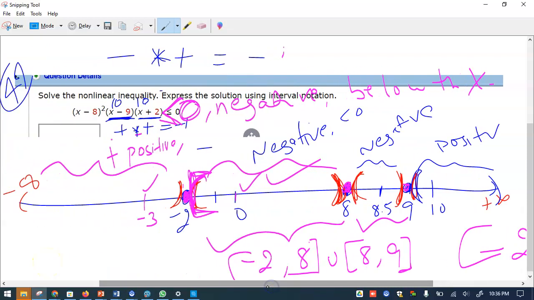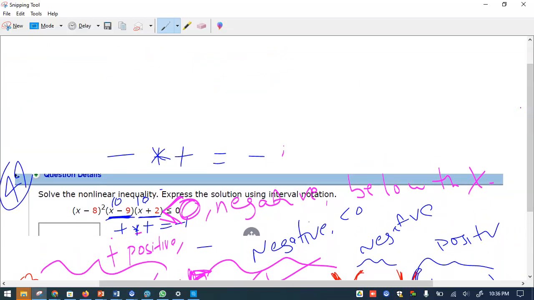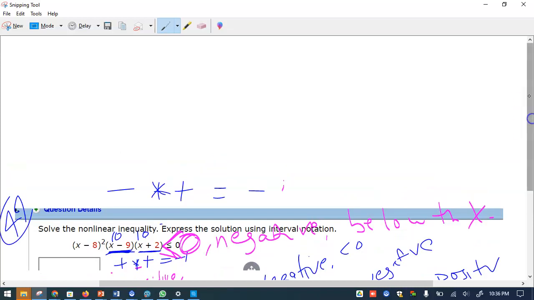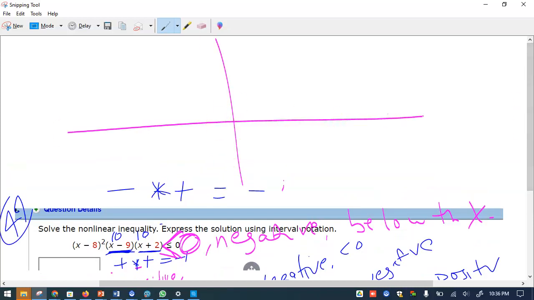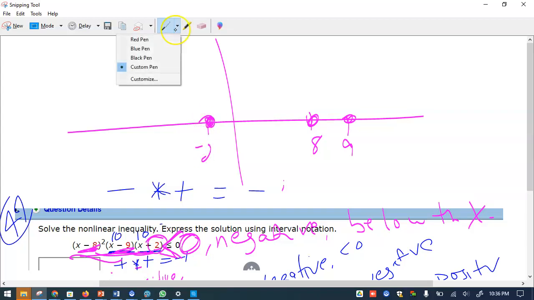The reason is, if you sketch this graph to understand it, the opposite of minus 8 is plus 8, so maybe 8 here. The opposite of minus 9 is 9. These are the main points, the zeros of the left side quartic polynomial function. The opposite of plus 2 is minus 2.